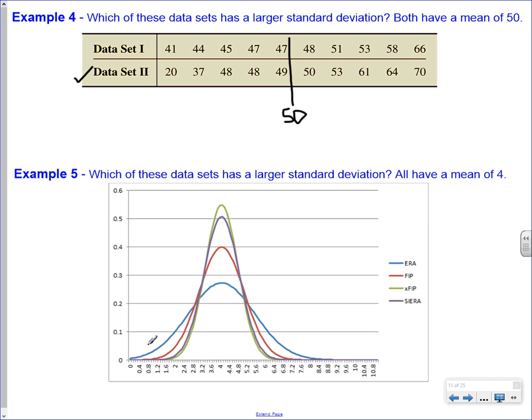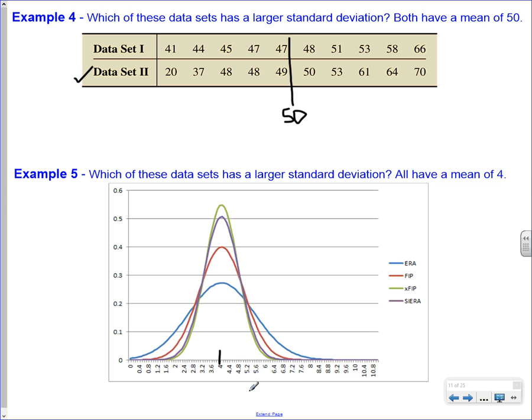Okay, the last example is which one of these has a larger standard deviation? You notice they're all centered at 4. Remember, this is just a curve that describes what our histogram would look like underneath here. So which one of these looks like it has the largest standard deviation? This can be a little trickier because sometimes when we're looking at the graph, we don't really know what we're looking for.